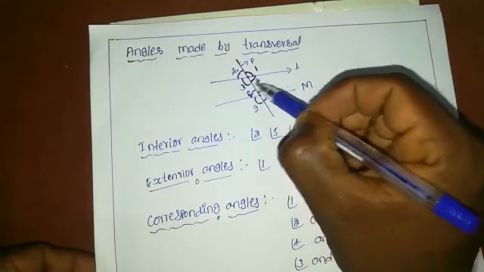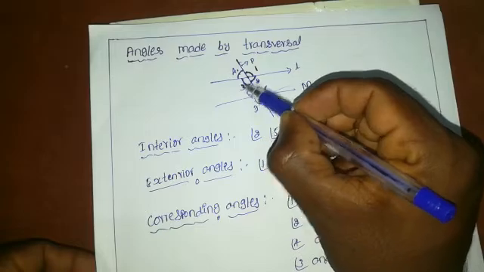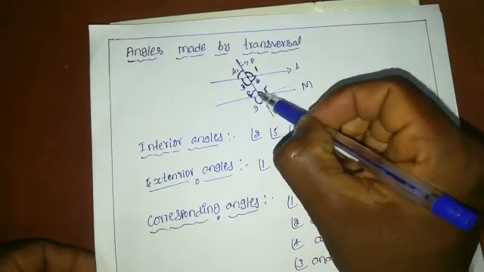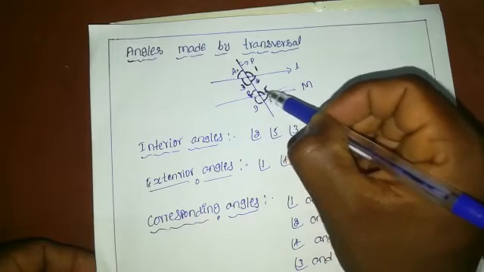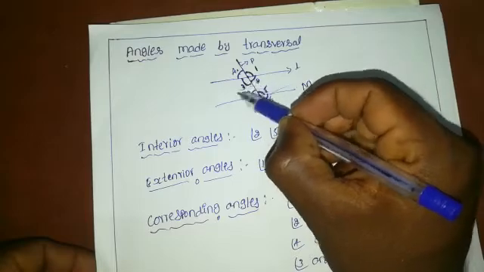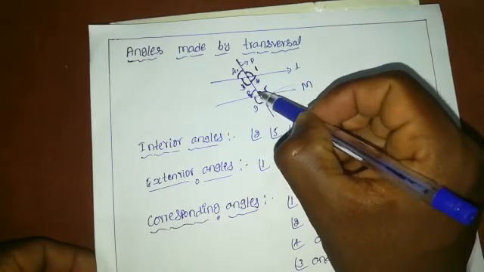When we observe angle 3 and angle 5, angle 3 is in this direction and this is angle 5. Angle 3 and angle 5 are opposite with respect to the transversal line. Angle 3 is on the left side of the transversal line and angle 5 is on the right side. Both are alternative angles because they are present on opposite sides of the transversal line.